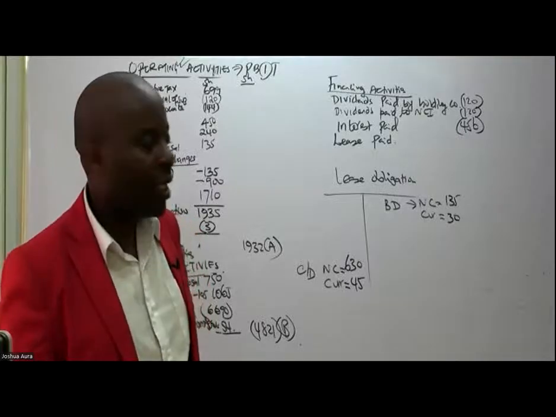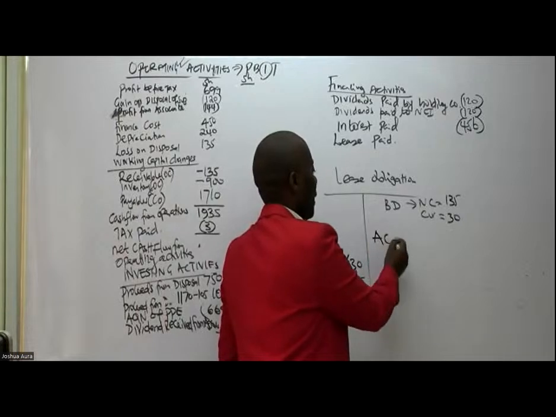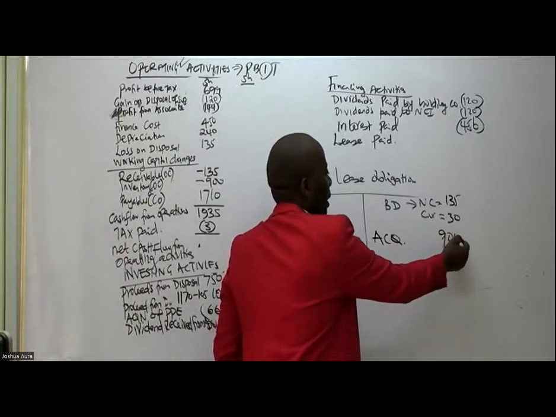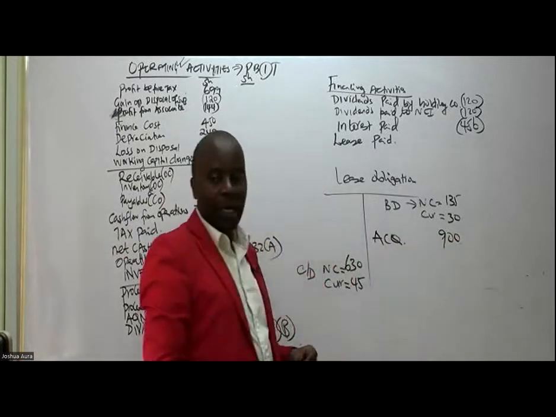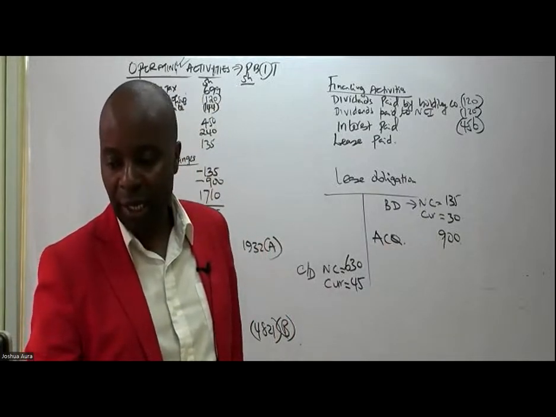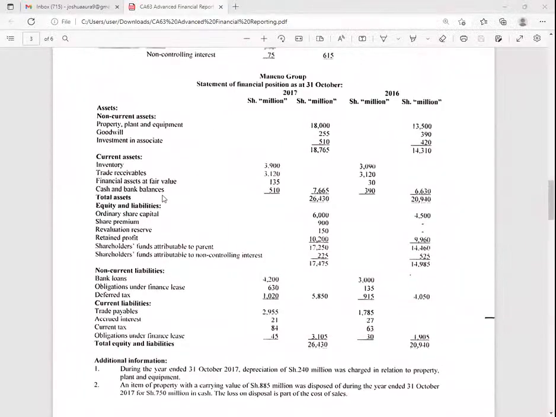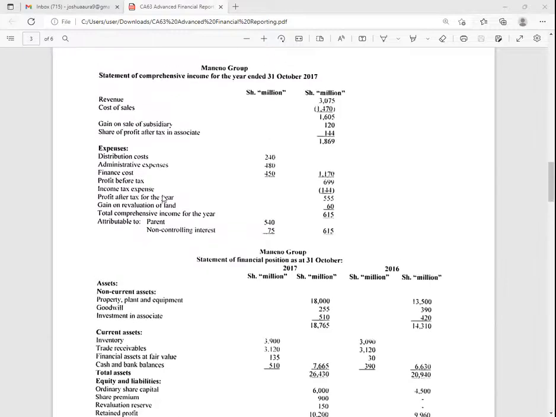So the acquisition in the year increases the obligation by 900. I don't remember seeing anything in the income statement to do with lease rentals, nothing really.